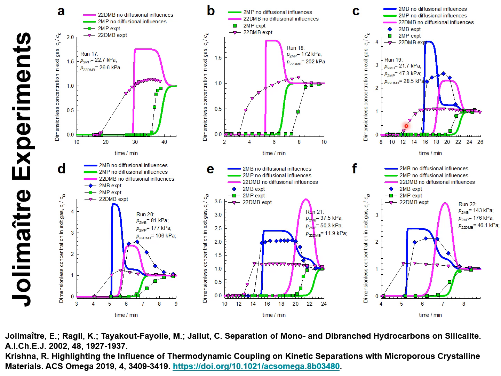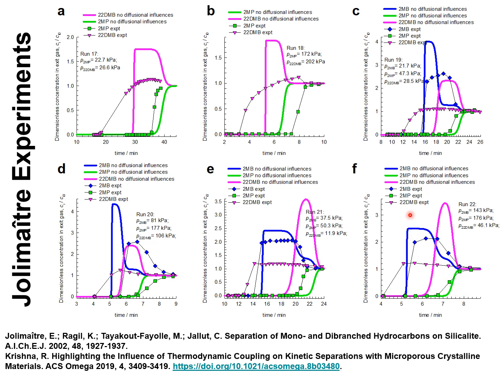In all 4 experiments, the component to elute first is 2,2-dimethylbutane that has the lowest mobility within the intersecting channels of MFI zeolite. The component to elute last in all 4 experiments is 2-methylpentane that has the highest adsorption strengths of the 3 components.